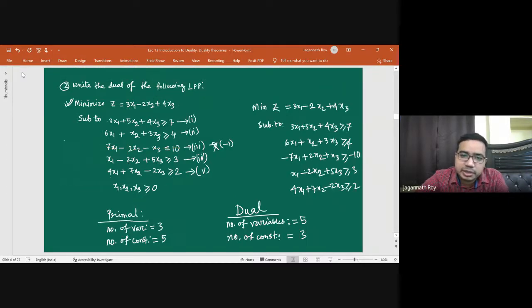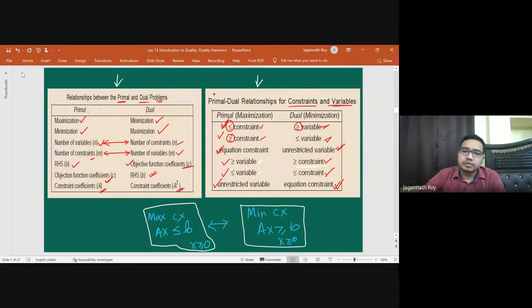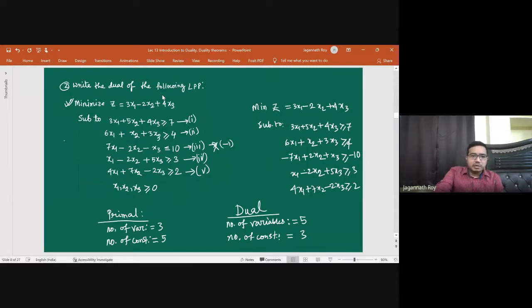This table is given based on the primal as maximization. But in our case, the primal is already given in minimization format.